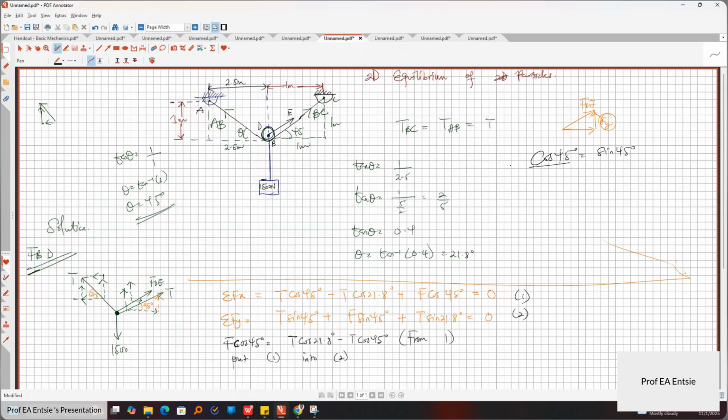So if I come to equation 2, it will be T sine 45 degrees, of course, minus T cos 45 degrees, and minus T sine 21.8 degrees.